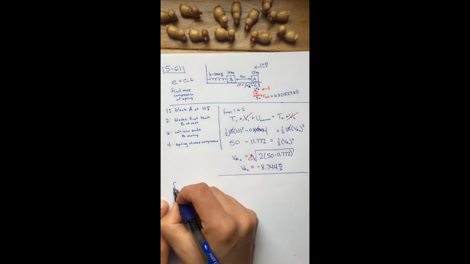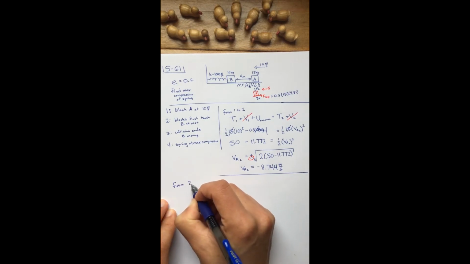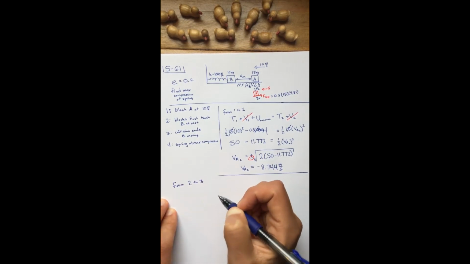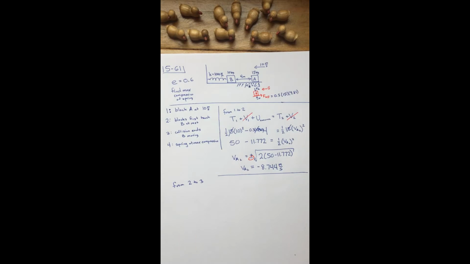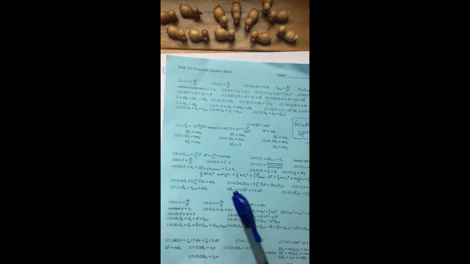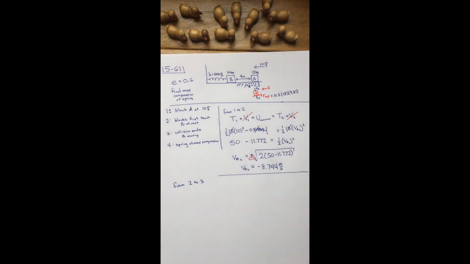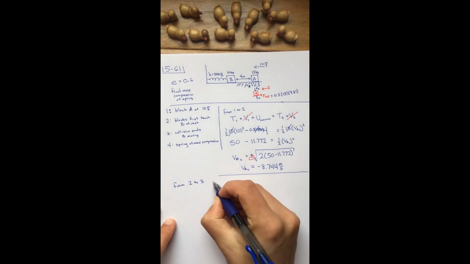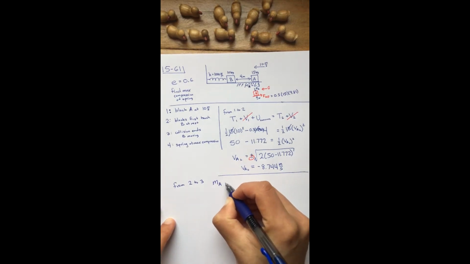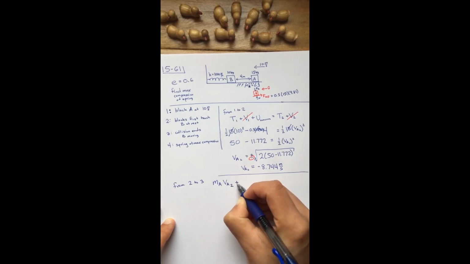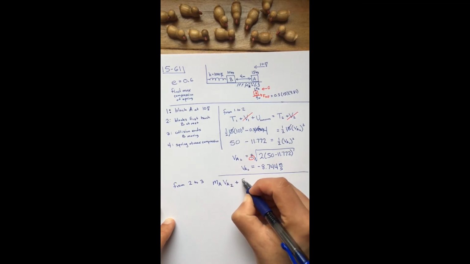Now I'm going to go from event 2 to event 3. This is for the collision. I'm going to use the impulse-momentum relationship for the collision. And before, just block A is moving and block B is at rest. So that's the mass of block A times the velocity of block A when the collision first begins. The velocity of block B is 0.